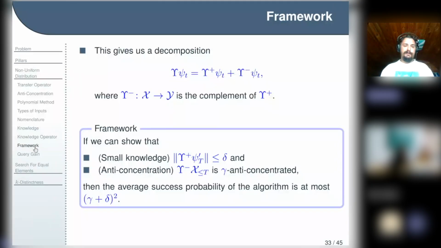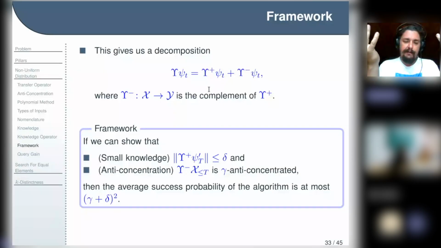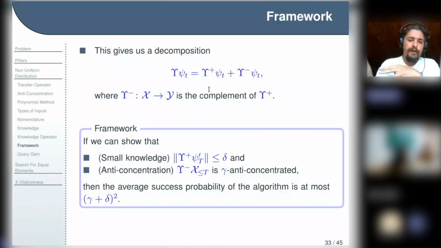Now I'm going back to this framework. I now have this decomposition of epsilon psi t, which is the state of the algorithm, non-uniform, into two parts, epsilon plus and epsilon minus. Epsilon minus is just the complementary component of epsilon plus. It's very easy to define.